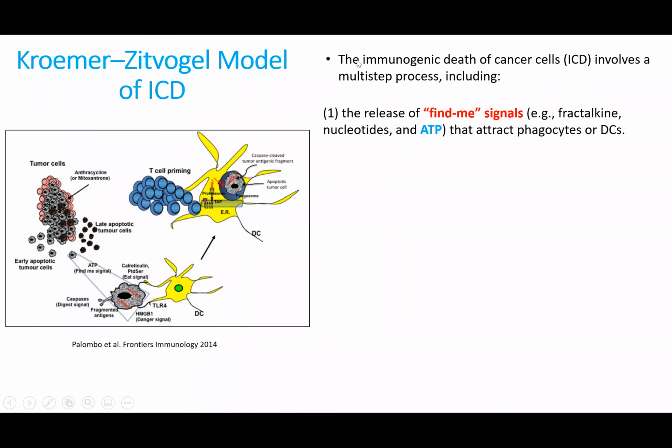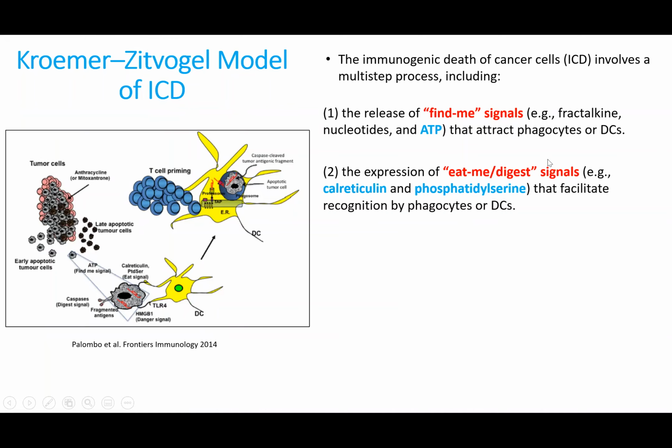According to the Kroemer-Zitvogel model of immunogenic cell death, this is a multi-step process including different steps. Number one, release of find-me signals, which is mainly ATP, to attract the phagocytes or dendritic cells. This is the recruitment phase. Then expression of eat-me signals, mainly calreticulin and phosphatidylserine.